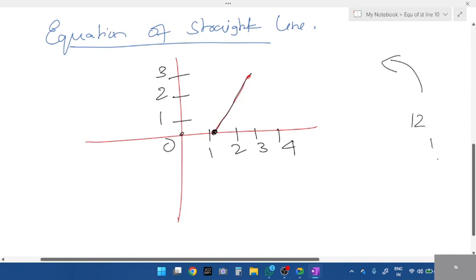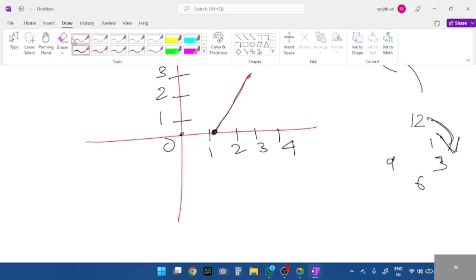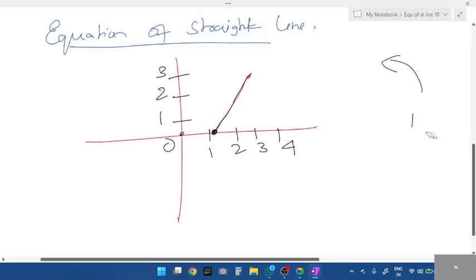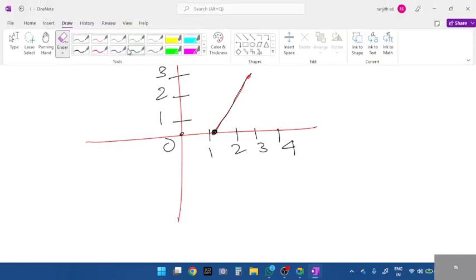Clockwise is 12, 1, 3, 6, 9. Anti-clockwise is opposite. When it comes to the anti-clockwise direction, this is theta.